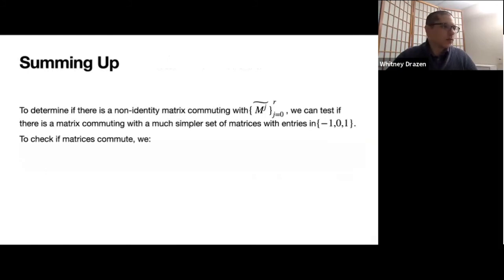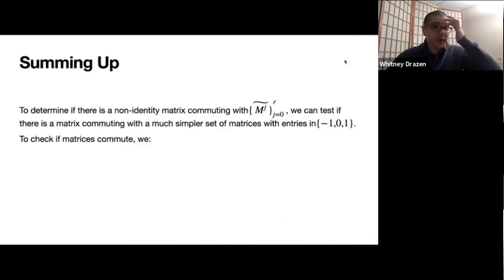So we want to determine if there exists a matrix commuting with the restricted powers of the adjacency matrix. Instead of looking at the powers of the adjacency matrix, we can look at some simpler -1, 0, 1 matrices that are heavily dependent upon the structure of the vertices we've chosen in the path.